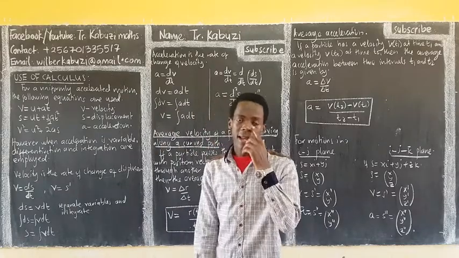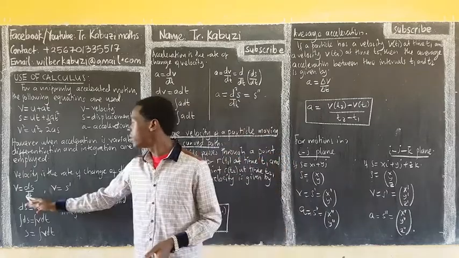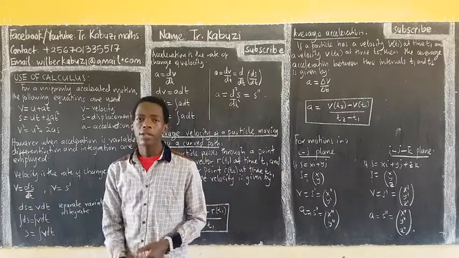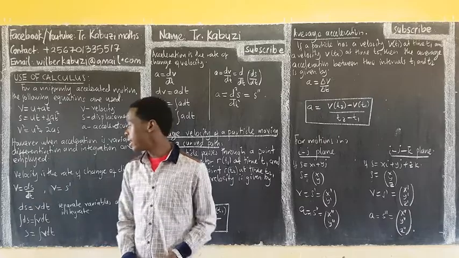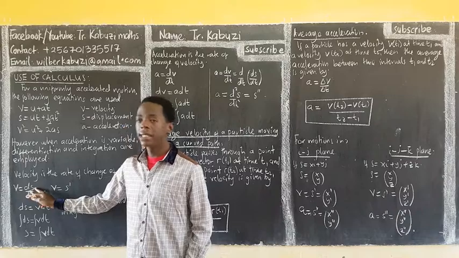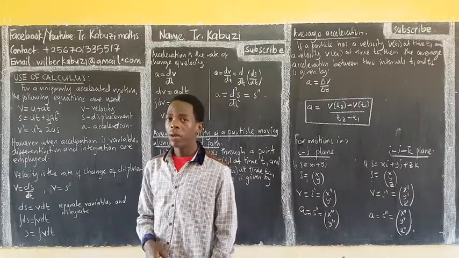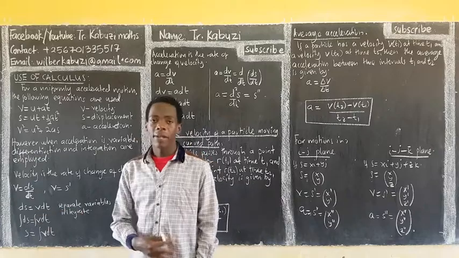Velocity is the rate of change of displacement. Rate means with respect to time. This means that to get velocity, we differentiate displacement, as you can see there. In our integration, we saw that we can separate variables.